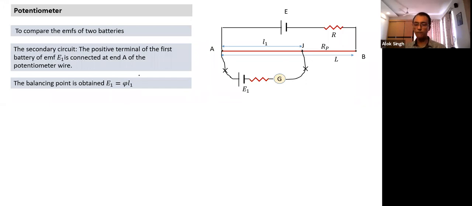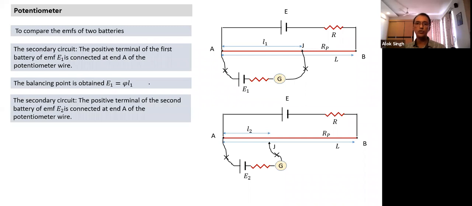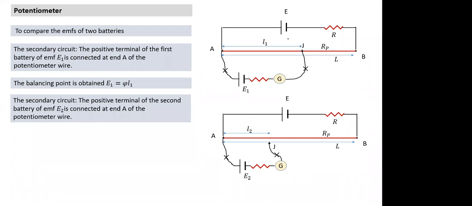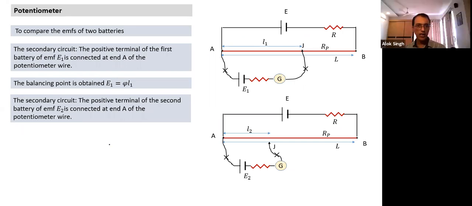So when we have to compare the EMF of the two batteries, we remove this battery and connect the second battery. Again, for the second battery, find the balancing length. In both cases, since the primary circuit is not changing, the value of phi or potential gradient is not changing. So again E2 will be equal to phi into L2.